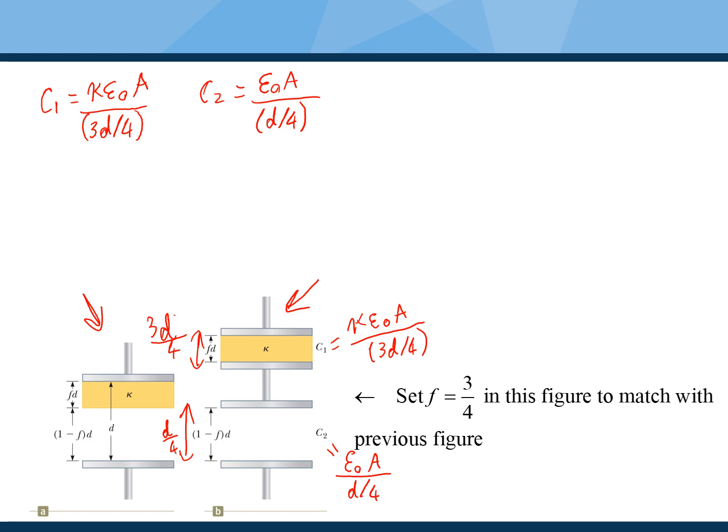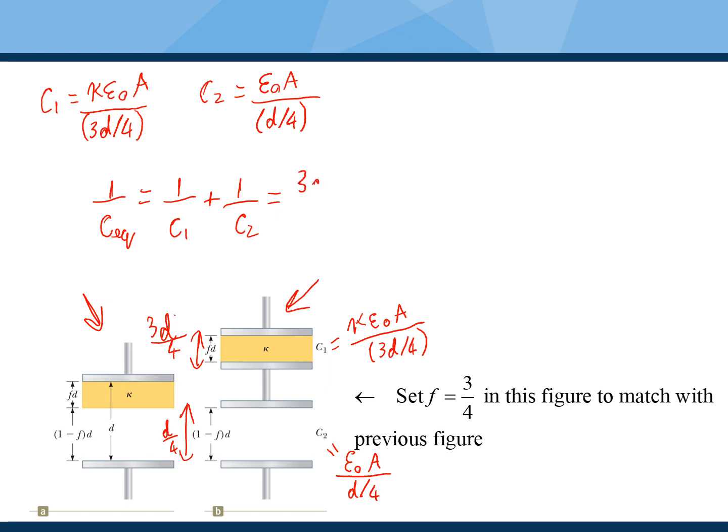So we want to now add the two capacitors in series, which means that we do 1 over C_EQ. In other words, we add them reciprocally, which is equal to 1 over C1 plus 1 over C2. So this is equal to 3d over 4. I'm sorry, let me erase this off.